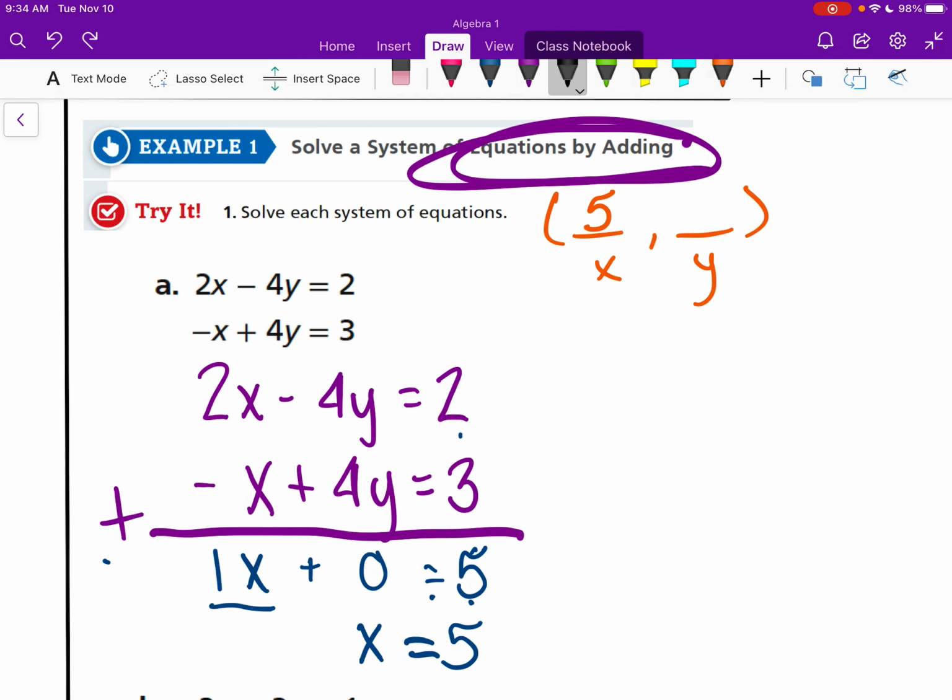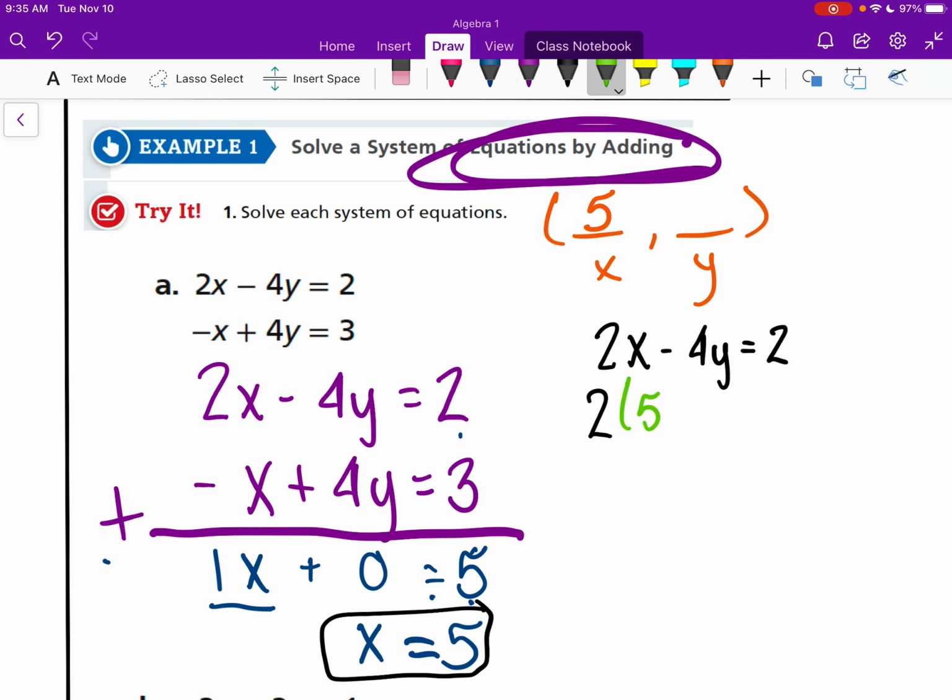If we have the equation 2x minus 4y equals 2, and we now know that x is 5, that can be 2 times 5 minus 4y equals 2. And we can substitute, and now we can solve that.